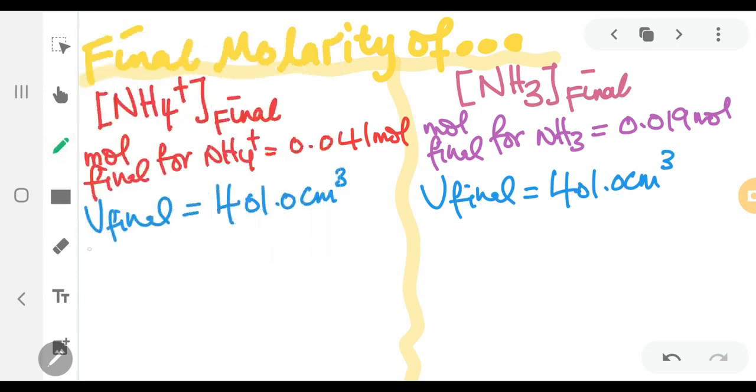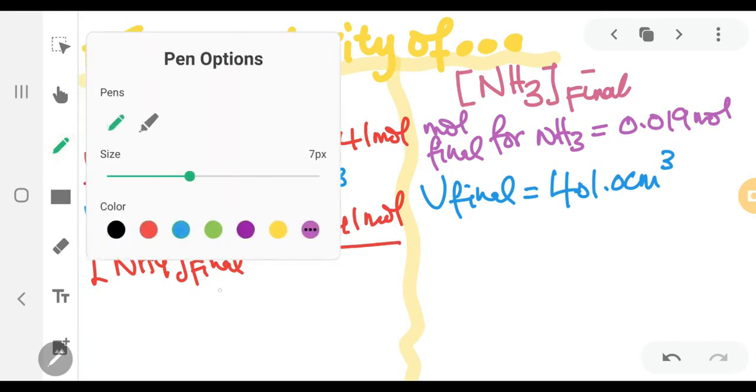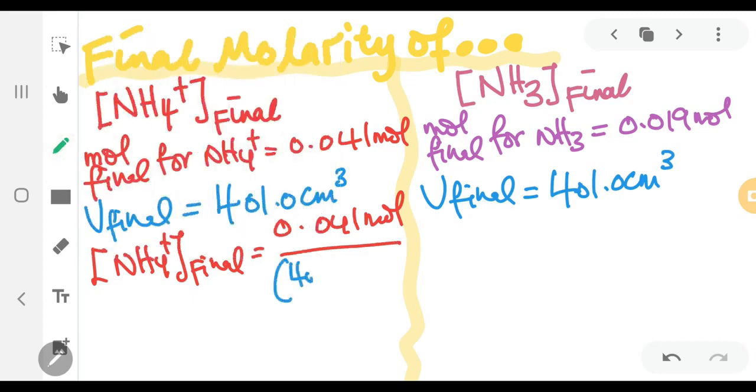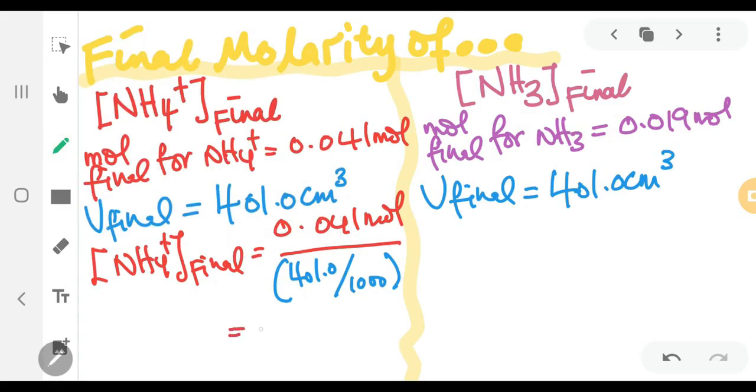Therefore, the final concentration of NH4 plus is 0.041 mole over 401.0 over 1000, and we get about 0.102 molar for this one.